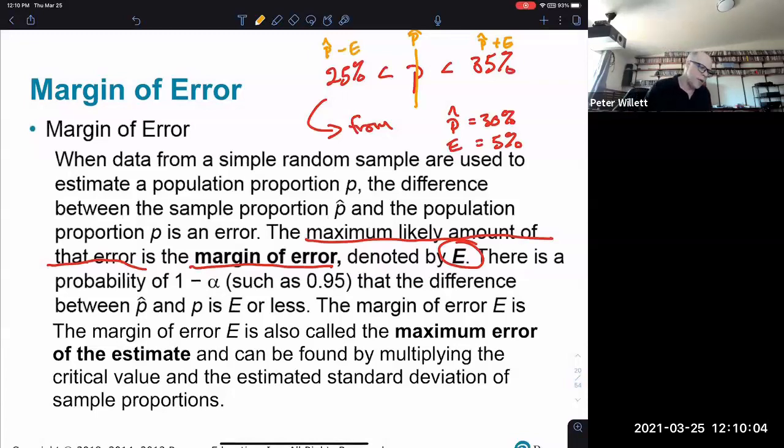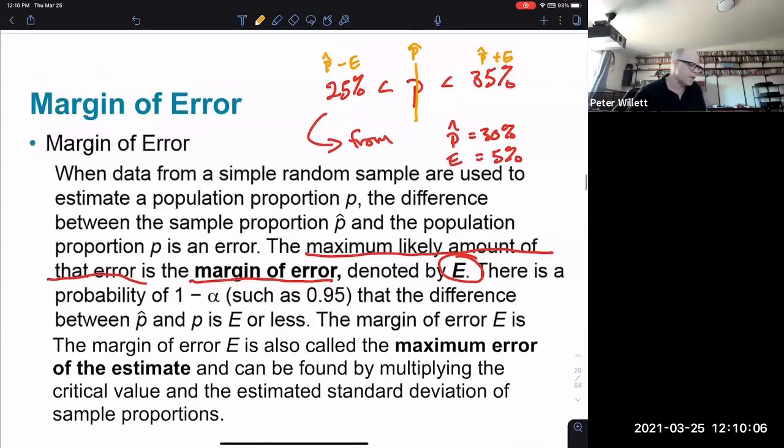And then you can say, based on your confidence level, that I'm 95% sure that the true proportion of students at DVC that label themselves as Democrats is between 25% and 35%. So the margin of error is how far you allow your range for your confidence interval to go above and below your point sample estimate from your sample. That's your margin of error.